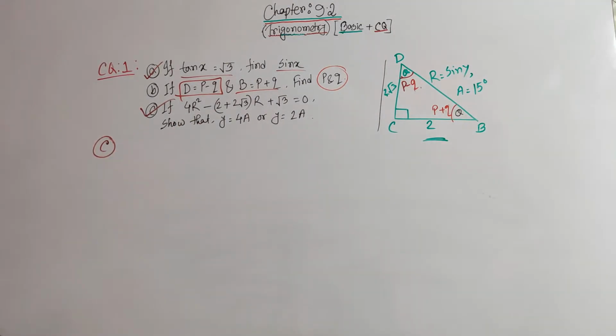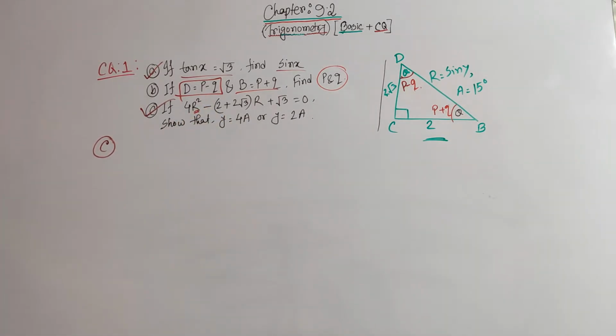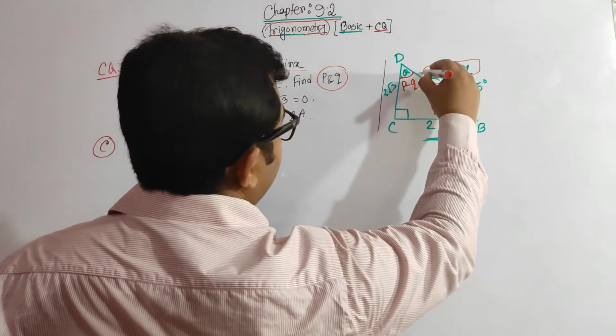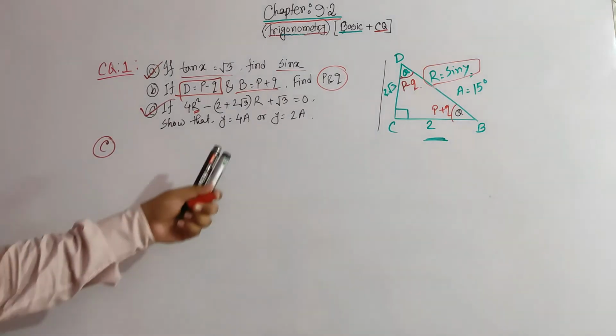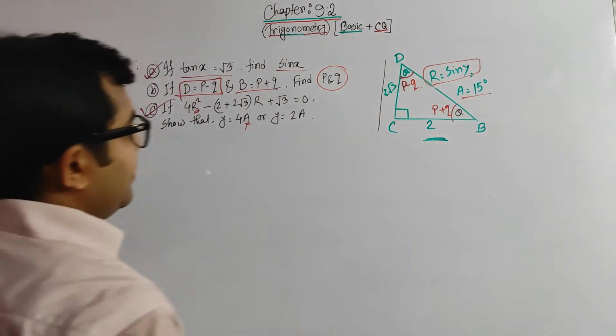First of all we need to find the value of r. The value of r is given, that is sine y. And what's the angle for a? The angle of a is also given, that is 15 degree.